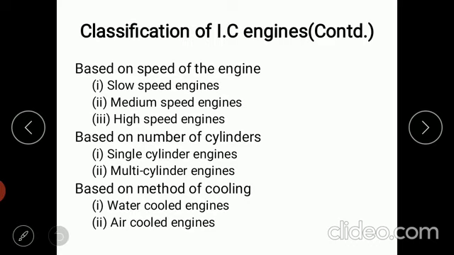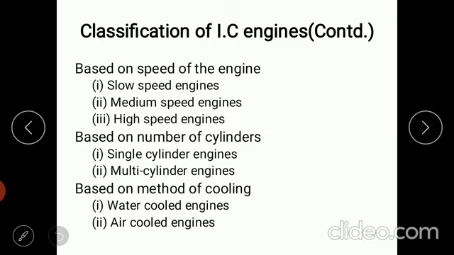Based on method of cooling, water cooled engines or air cooled engines. Most of the time we will not use water cooled engines; we will term them liquid cooled engines. In olden days, they used water as a coolant, that's why it is mentioned here as a water cooled engine.